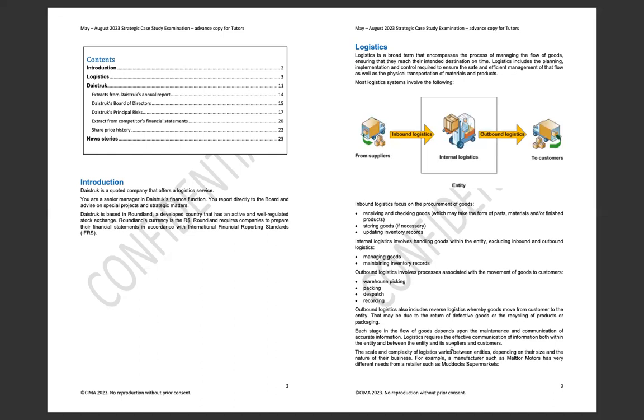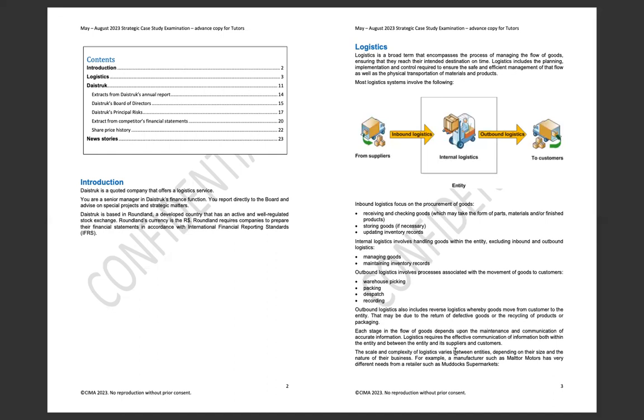So we are looking at a situation where we can actually automate all these functions. The scale and complexity of logistics varies between entities, depending on their size and the nature of their business.